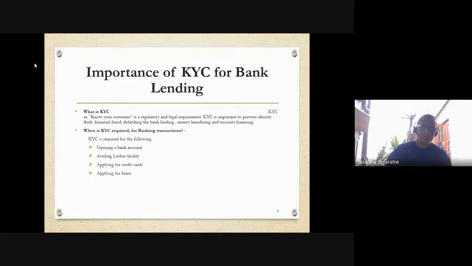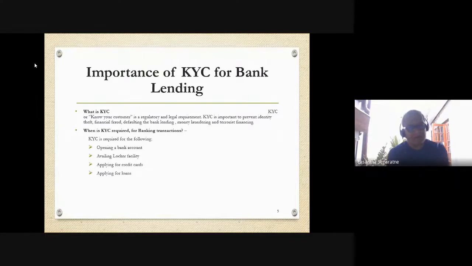So KYC is not just a tool because we have to comply because the central bank says, for money laundering, you should know your customer. But from a business perspective, we should be able to use this KYC in a more prudent way and get the real requirement of KYC whenever you do transactions with the customer.